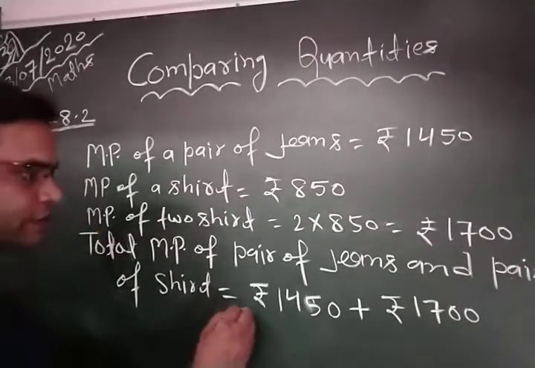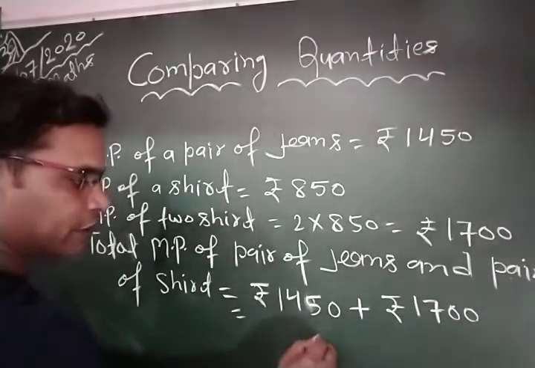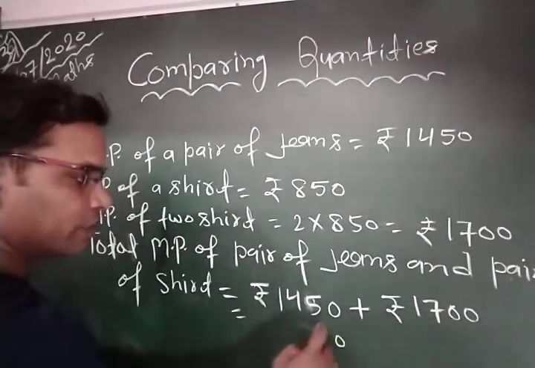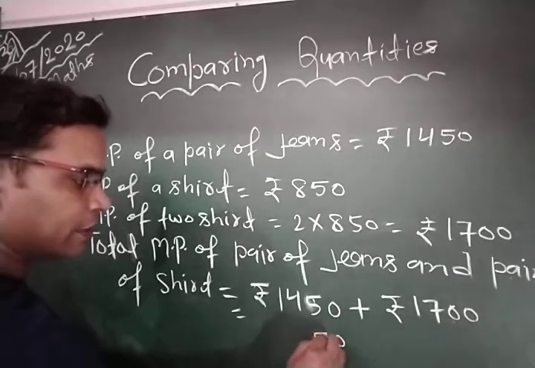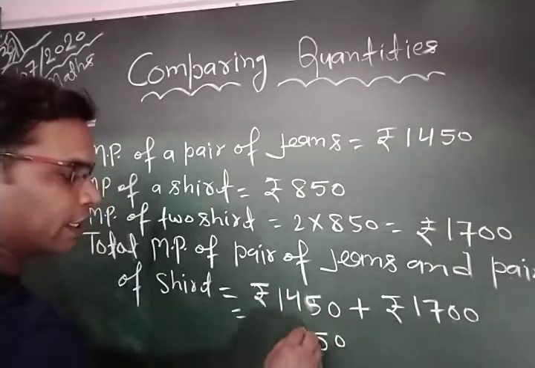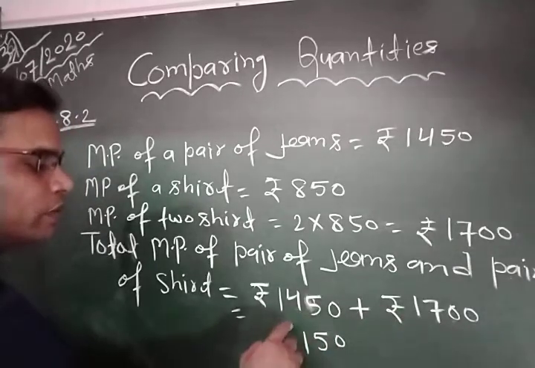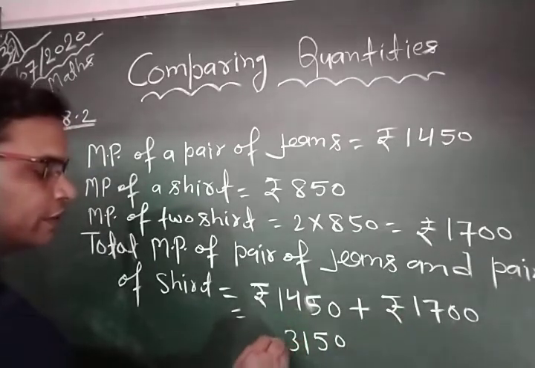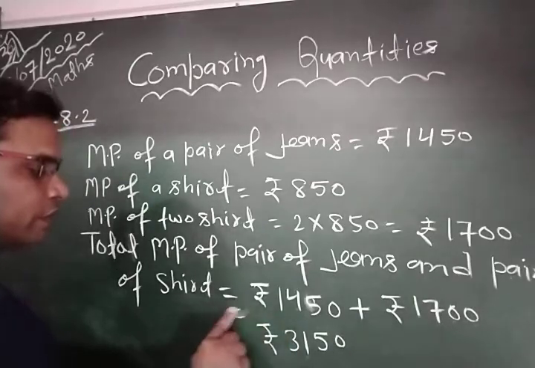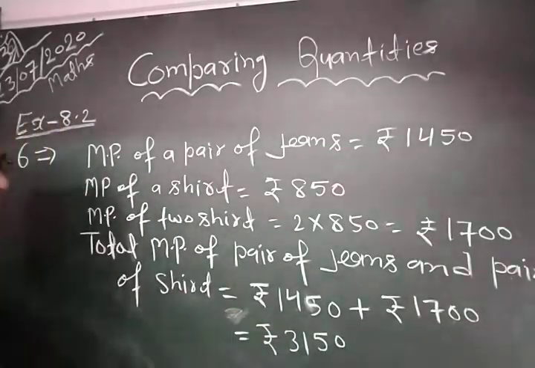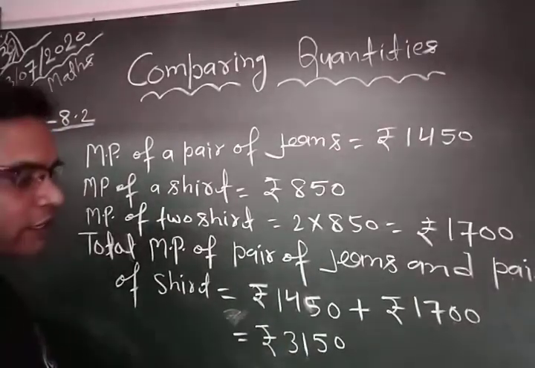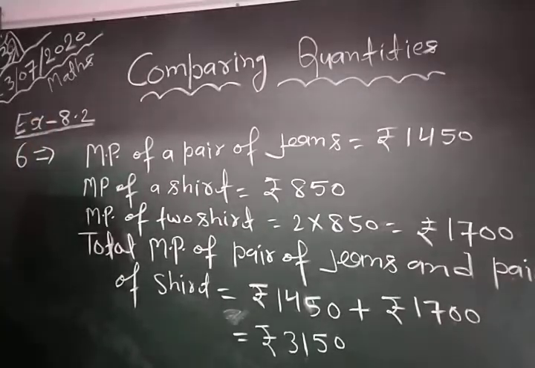So adding it: 0 plus 0 becomes 0, 0 plus 5 becomes 5, 7 plus 4 is 11, this becomes 1 carry 1, 1 plus 1 is 2, and 3. In this way the total marked price of both articles is 3150 rupees.